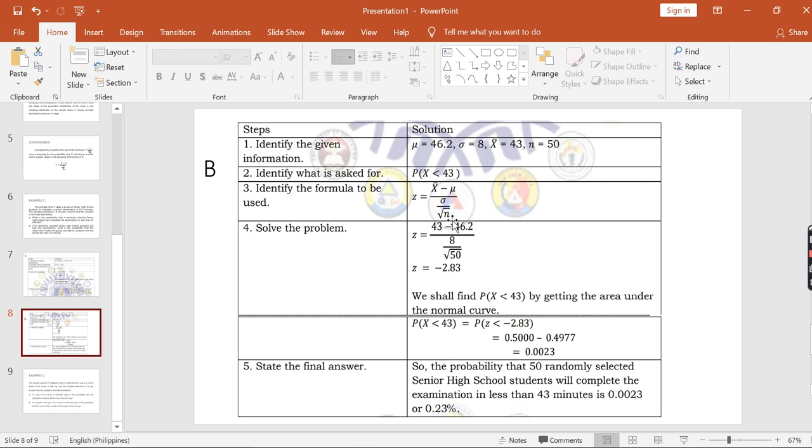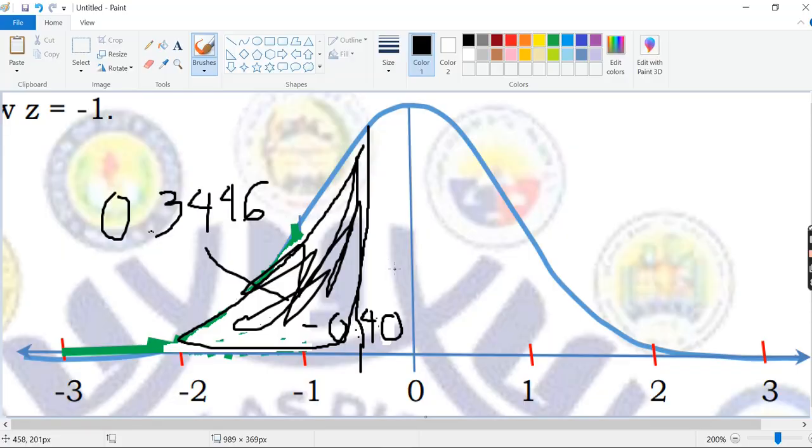If you know the sample size, you can use this formula. Plugging the values here, we will get z equal to negative 2.83, and we shall find the probability less than by getting the area under the normal curve. So the corresponding z of 43 is negative 2.83.